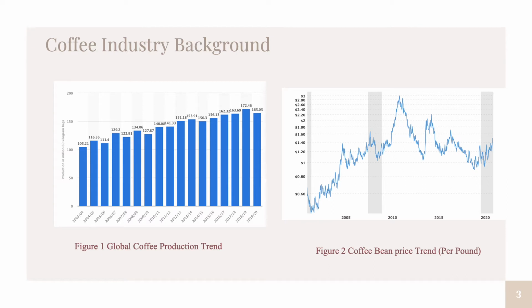Because of the popularity of coffee, the coffee bean as a major crop and a commodity has also supported the economic development of many countries in the tropic region. Figure 1 shows that coffee bean production keeps an increasing trend with a little fluctuation. However, the price in Figure 2 shows a dramatic fluctuation.